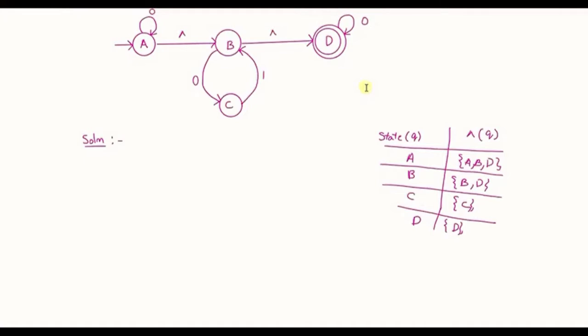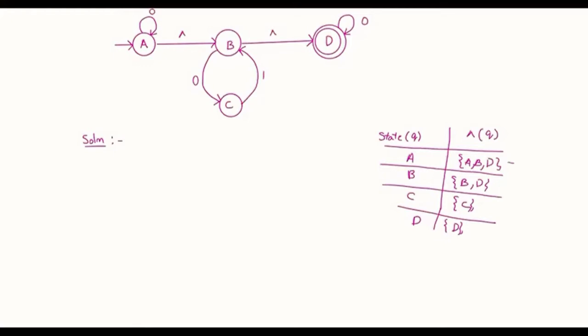Looking at this, you know that A, B, C, D, the states of the resultant NFA that we are going to draw, will be the same states A, B, C, D. Now, which states will be the final states? What is the final state of the ENFA? D. Correct. Now, among all these E-closures, which are the sets where D, the final state of ENFA, is present?